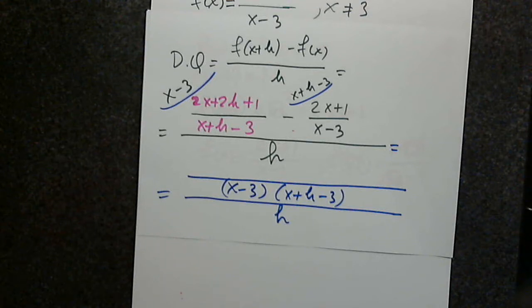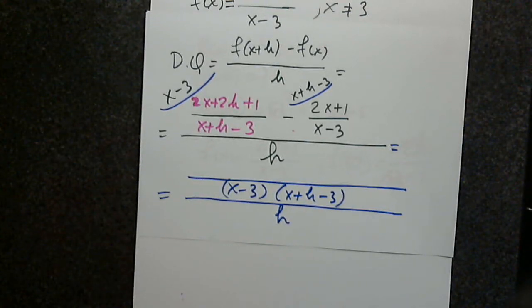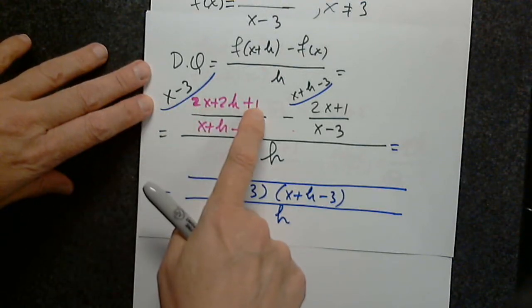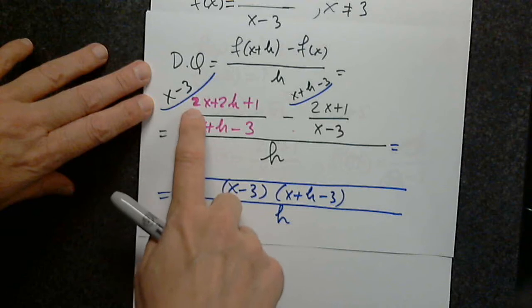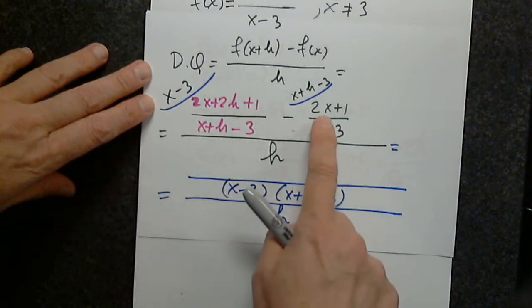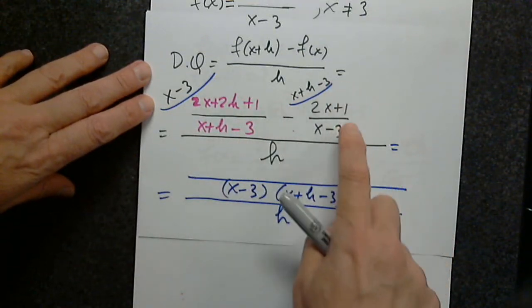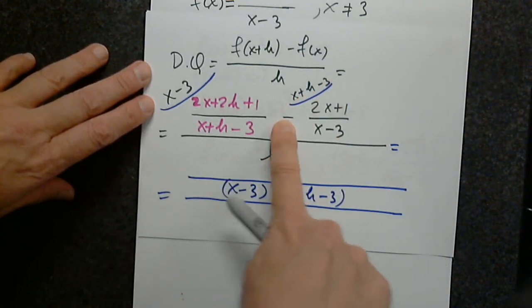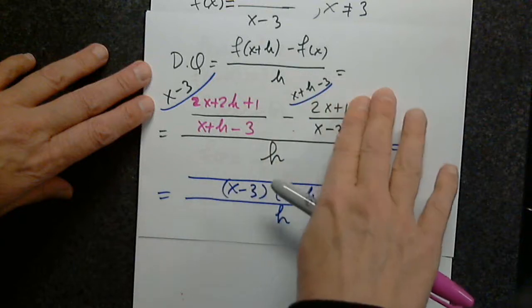Now we have to take care of the numerator. Be very careful because we have to distribute x to 3 terms, −3 to 3 terms, 2x to 3 terms, 1 to 3 terms, and everything gets an opposite sign on this side.